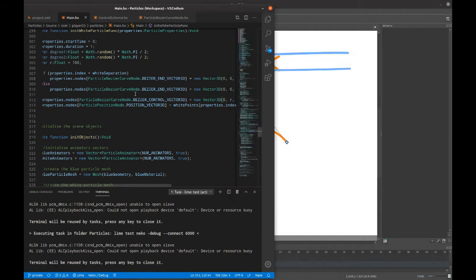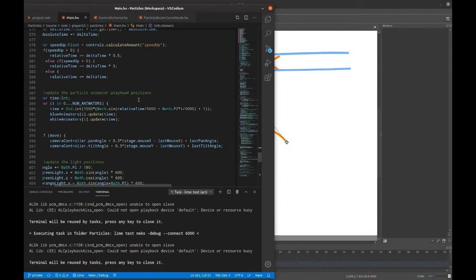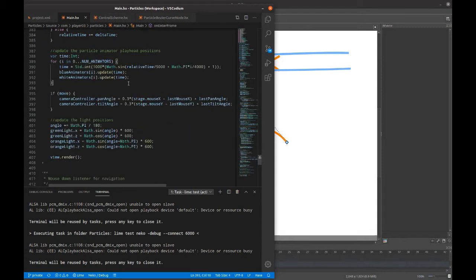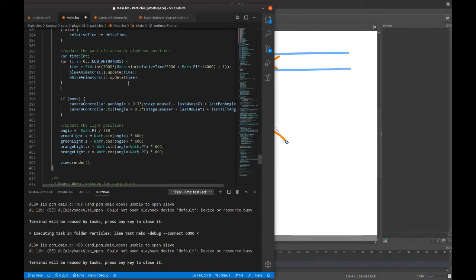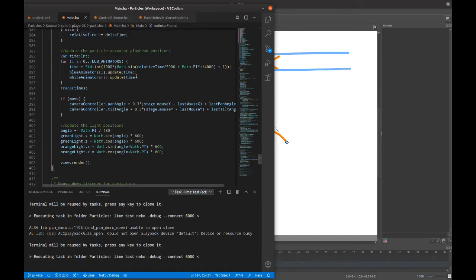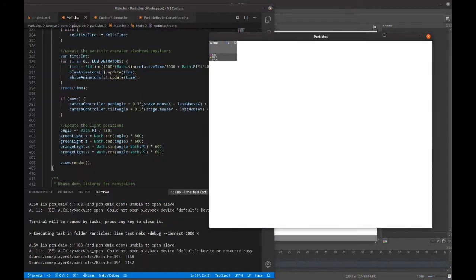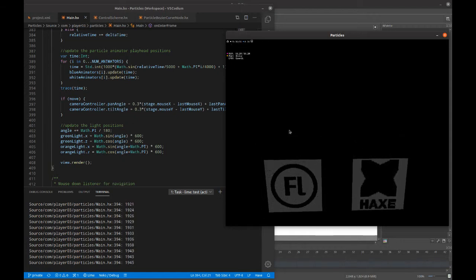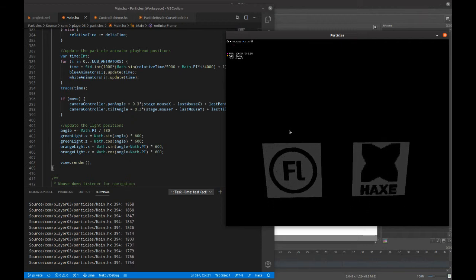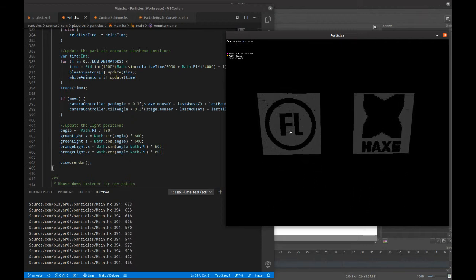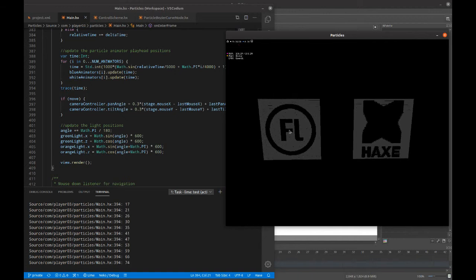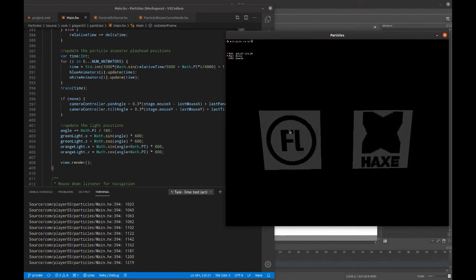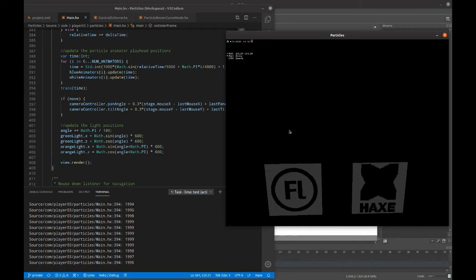Okay, I need to actually look at the time values. We're going to display those again. Okay, so when time is 0, start there, then time goes past 1,000.